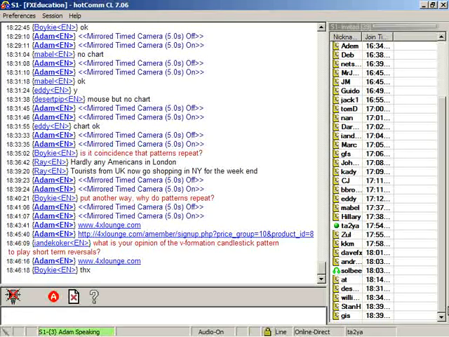What's your opinion about the V formation candlestick pattern to play short-term reversals? It's a great question. I like candlestick patterns. The V-shaped formation is pretty consistent. But you know what? The candlestick patterns on their own, I don't think they're enough. I like to use candlesticks in conjunction with other indicators. Number one, support and resistance lines, like the ones we see here. Number two, Fibonacci. And then, just to add a little bit more spice to our dish, throw in one oscillator: either the RSI, Relative Strength Index, the MACD, Moving Average Convergence Divergence, or the Bollinger Bands.